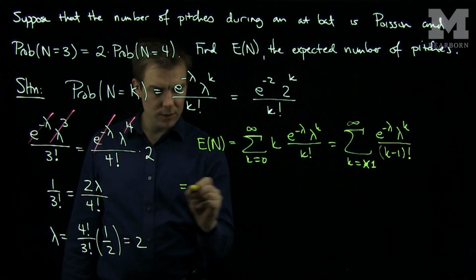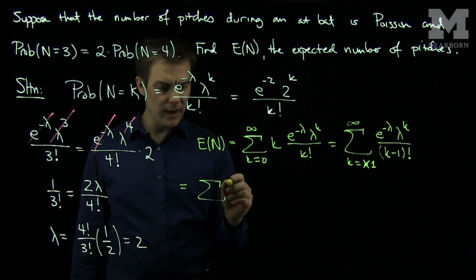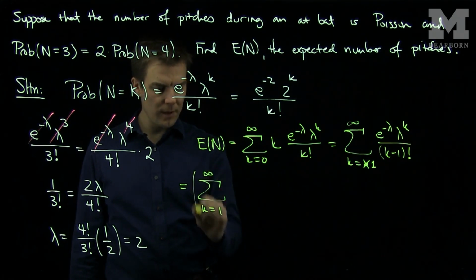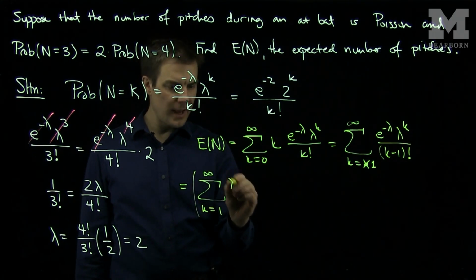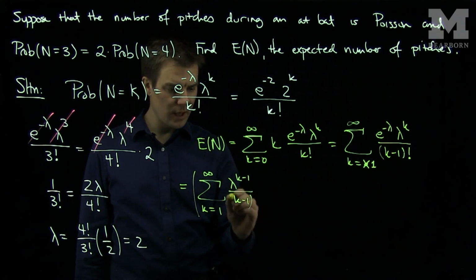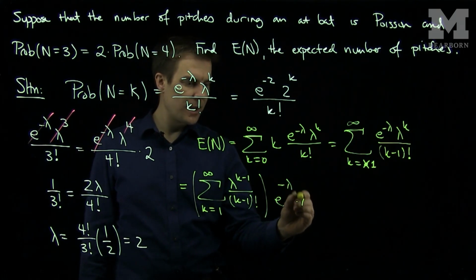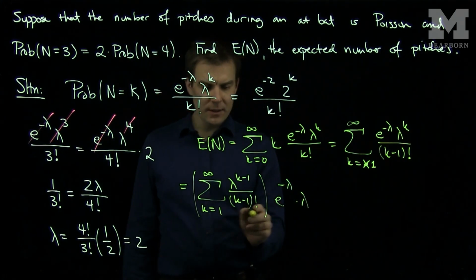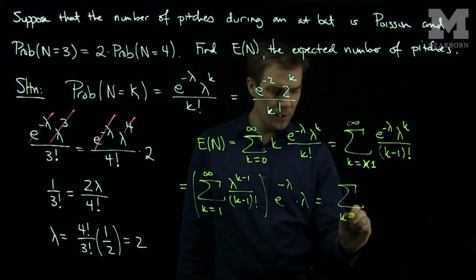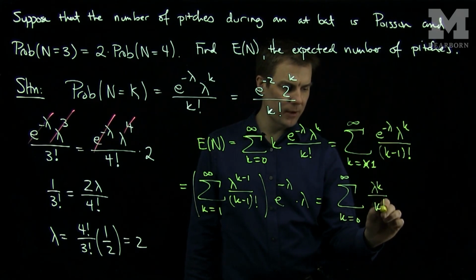We will pull out an e to the negative lambda, so I'll have a k from 1 to infinity of lambda, I'll put a k minus 1 here, so I'll factor out lambda as well, over k minus 1 factorial. And from the sum, I'll pull out an e to the negative lambda and a lambda. And we see that this sum over here can be rewritten as the sum, k goes from 0 to infinity, of lambda to the k over k factorial.